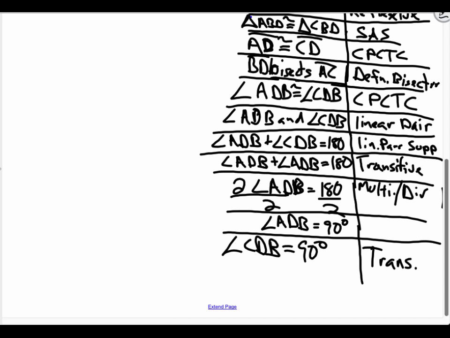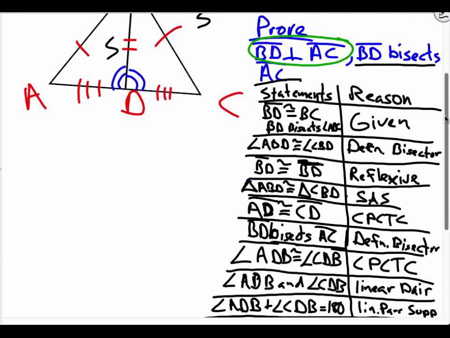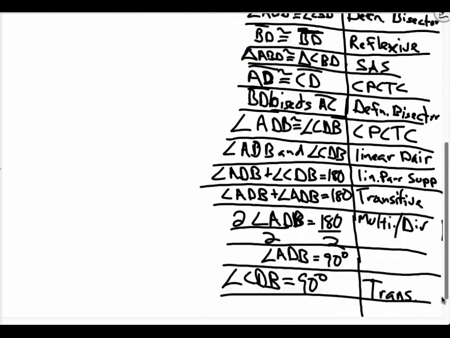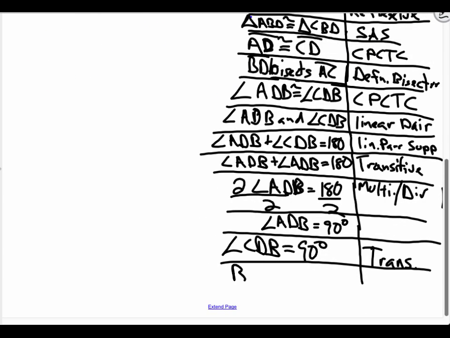The book says it differently, but I like to add the extra steps so you can follow the logic. And so what did I prove? Well, because both those angles are 90 degrees, then I've proven that BD is perpendicular to the line segment AC.